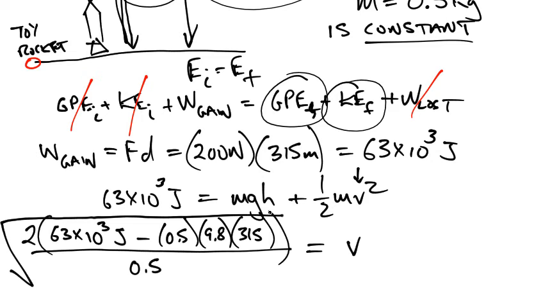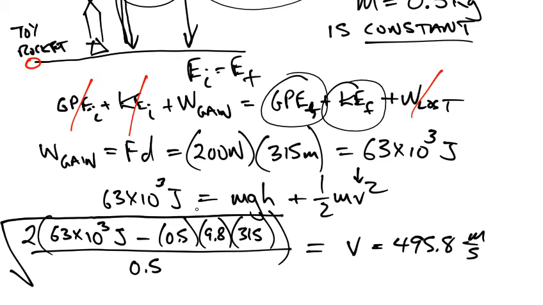Take the square root, and we get 495.8 meters per second. And so that's the velocity at 315.